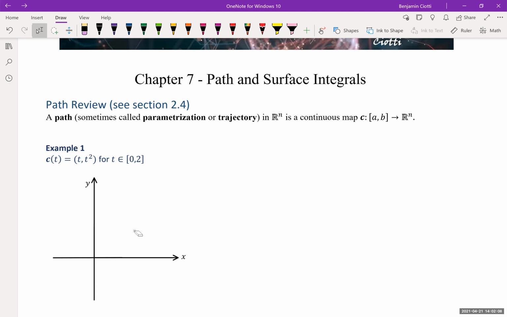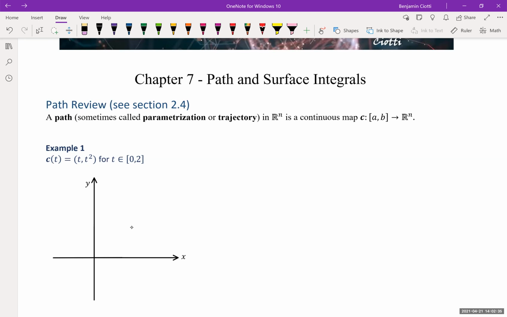Now let's start integrating over a path or a curve or a trajectory. Before I introduce the calculus of integrating over a curve, I first want to review curves. This is a review of material that you can find in section 2.4.